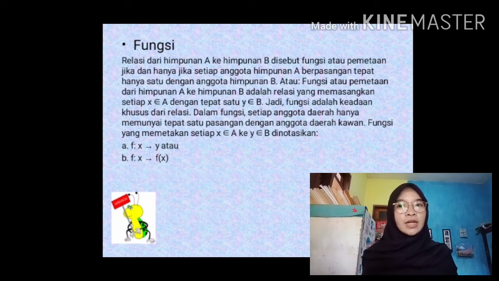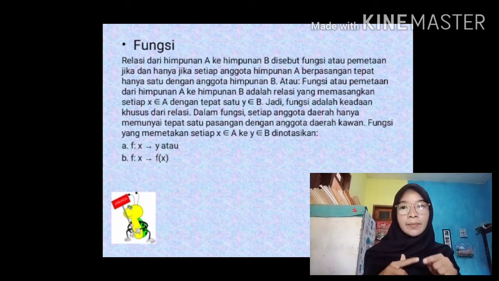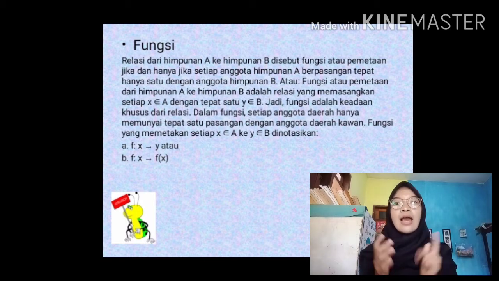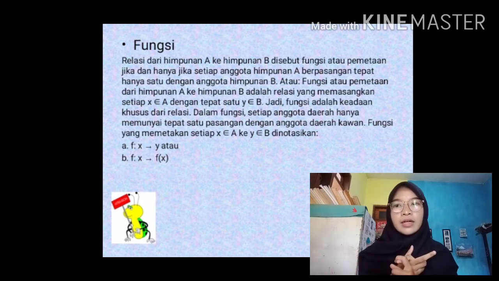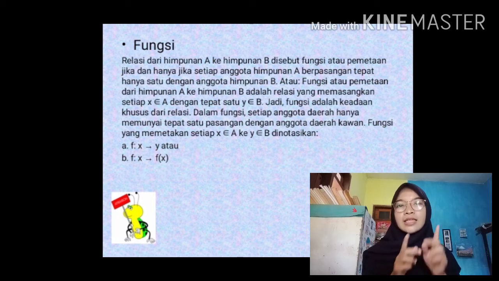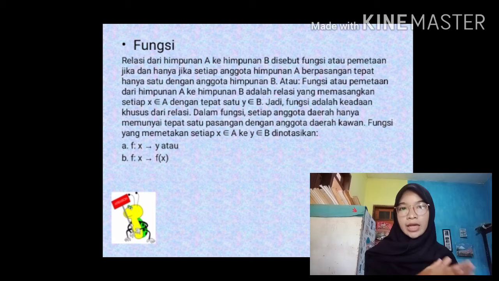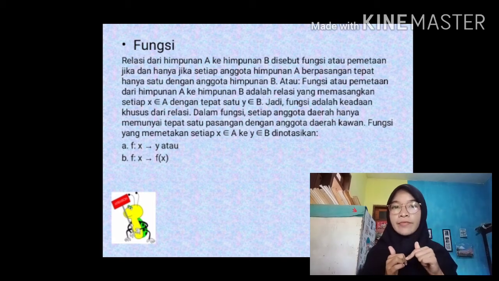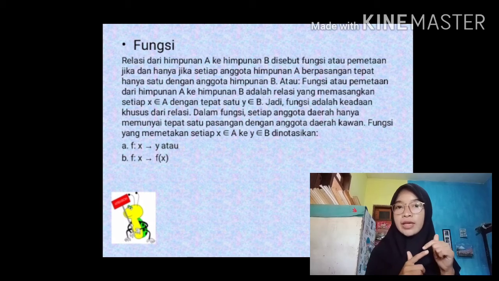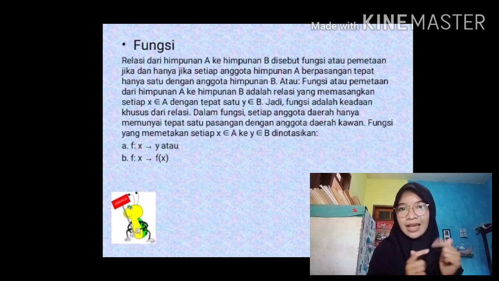In a function, every member of the domain has exactly one partner in the codomain. Let f map every x element of A to a y element of B. Notation: f from A to B, f maps x to y, or y equals f of x, fx.